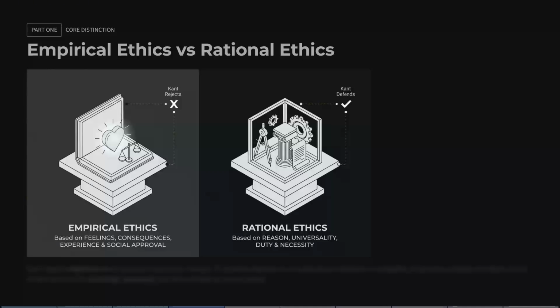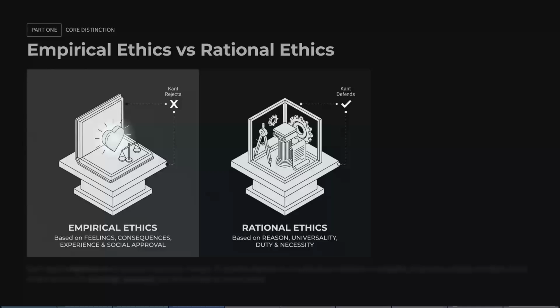Utilitarianism is the clearest example of this. Jeremy Bentham observes that human beings seek pleasure and avoid pain, and builds his entire moral system on that very empirical foundation. Kant's objection is fundamental.